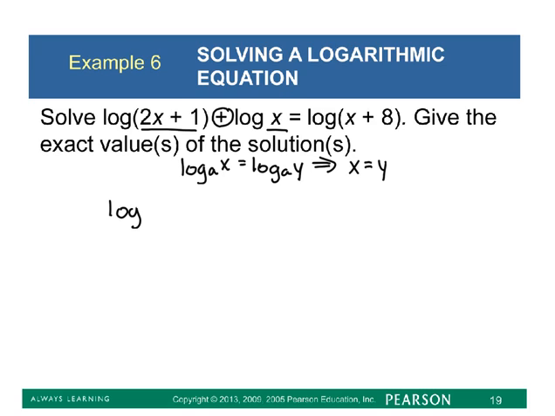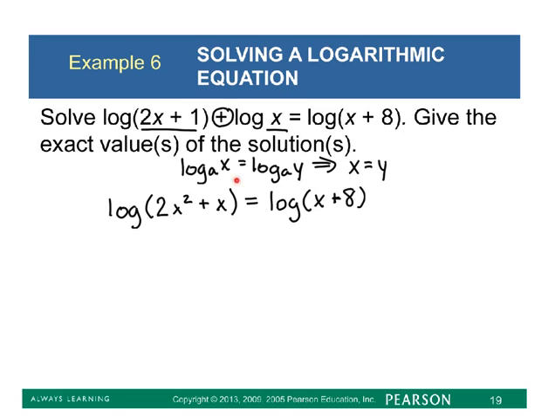We have log of 2x squared plus x. And there's nothing to do to the other side of the equation. We're just going to keep it as log of x plus 8, because that's a single logarithm on this side of the equation.